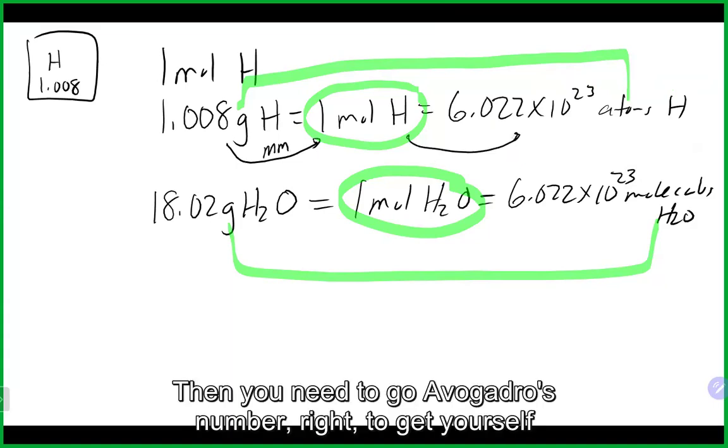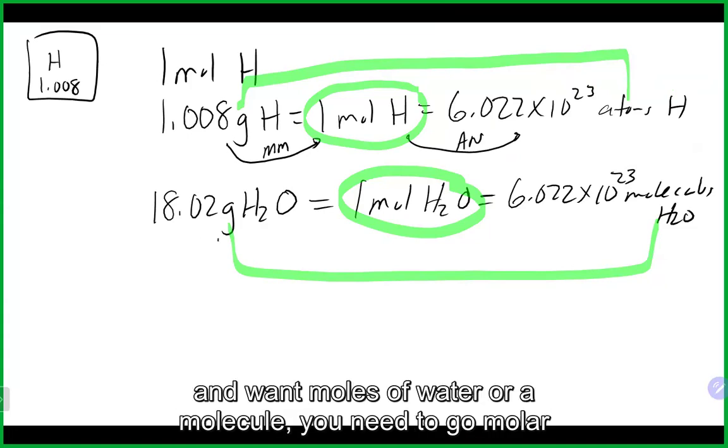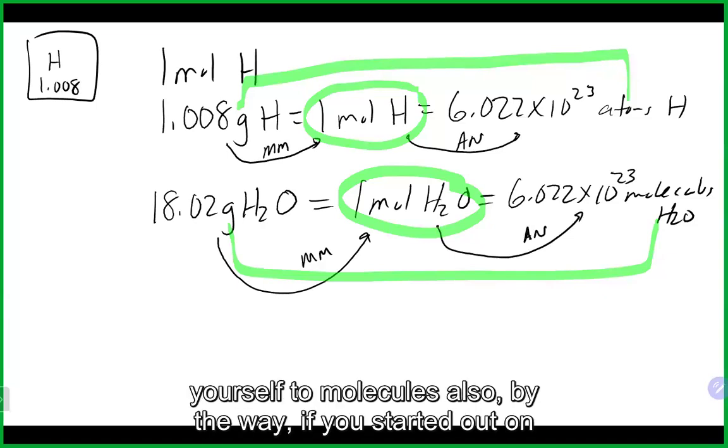Then you need to go Avogadro's number, right? To get yourself from moles to atoms. Same thing here. If you started with grams and want moles of water or molecules, you need to go molar mass to get yourself to moles and Avogadro's number to get yourself to molecules.